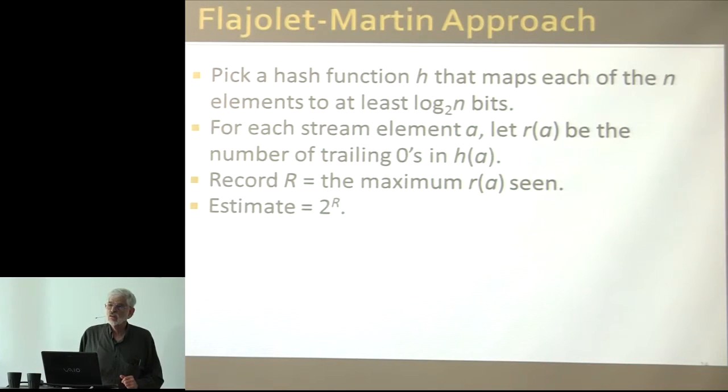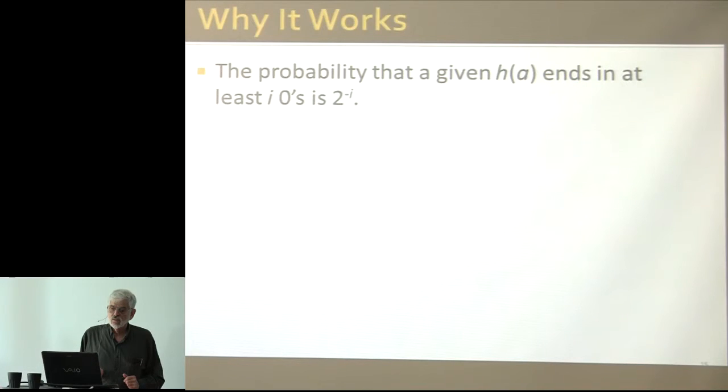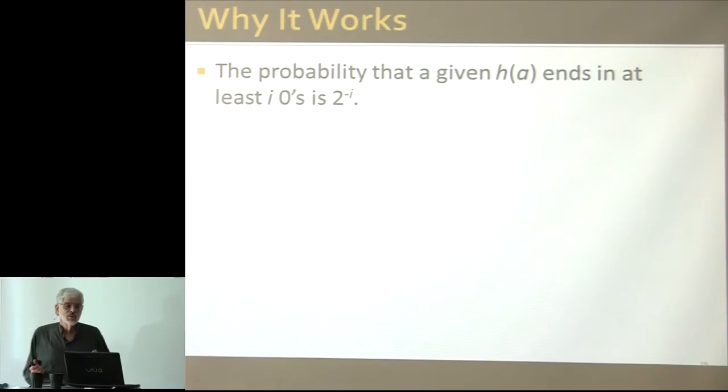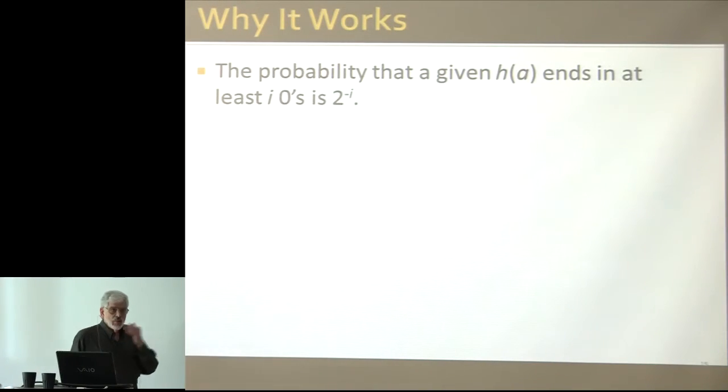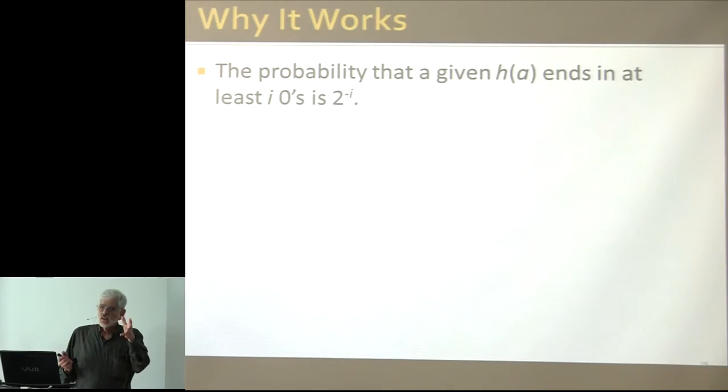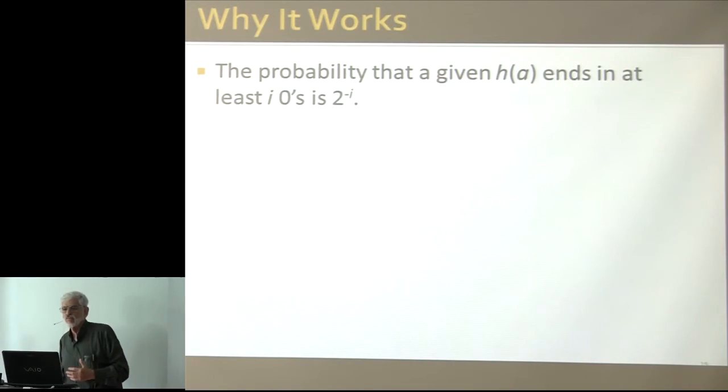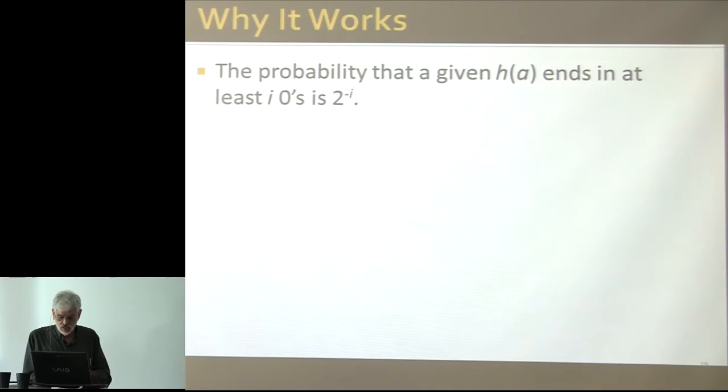That's capital R. Okay, it's not actually that simple, but let me first tell you why it works, then I'll tell you why it doesn't actually work. What is true is that the value of 2 to the capital R will always be near the number of distinct elements that you've seen.